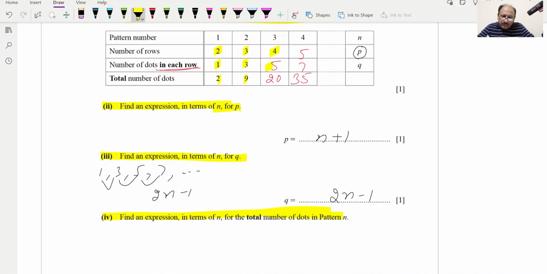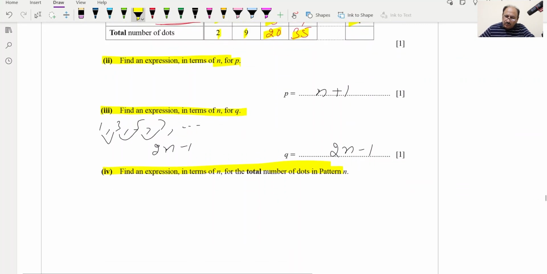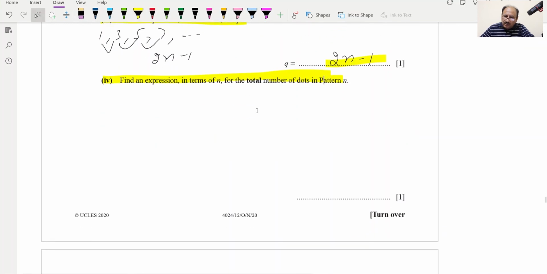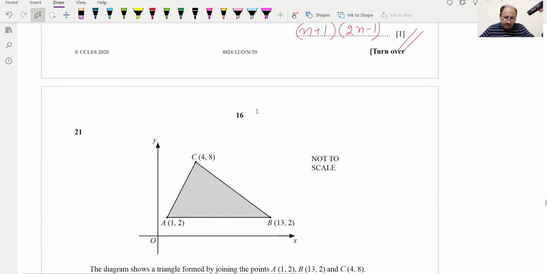Similarly, we are multiplying 4 with 5 and we are getting 20. 5 with 7 we are getting 35. So whatever p and q we will multiply and we'll get the answer for the sum. So n plus 1 will be multiplied by 2n minus 1. So our answer will be n plus 1 multiplied by 2n minus 1, and this will be a 1 mark part, which we are done.